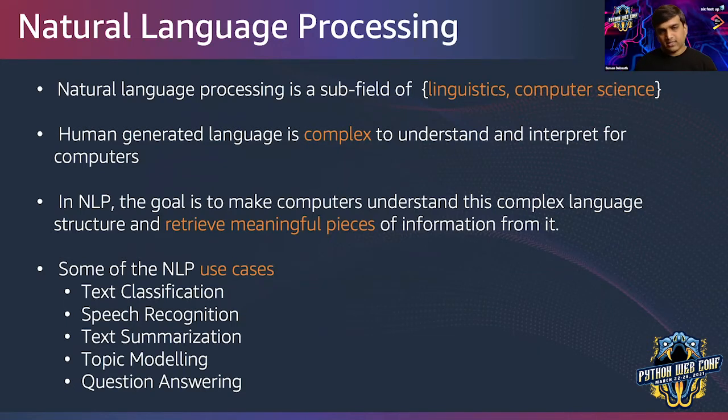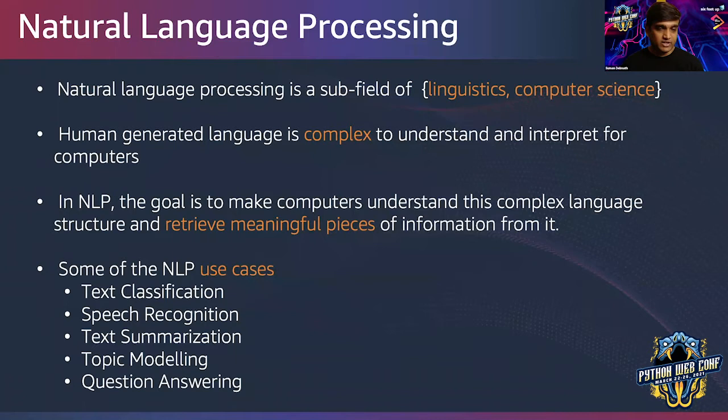If you look at the machine learning problems in the field of natural language processing, which is a subfield between linguistics and computer science, we humans generate a lot of complex sentences or complex languages to interpret. Like I am speaking to you now, you are able to understand, right?